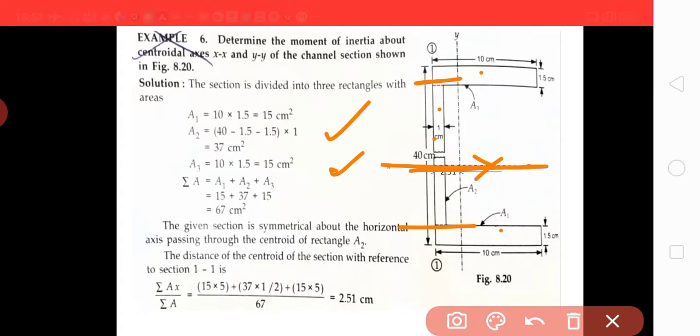The distance of centroid of section with reference to section 1 is summation Ax upon summation A, which comes out to be 2.51.